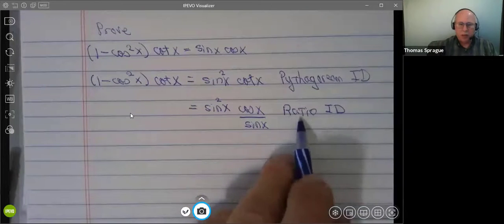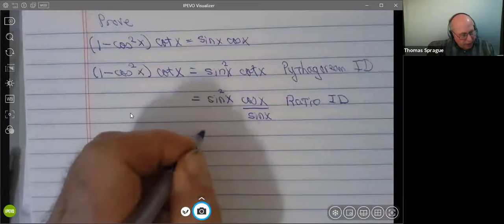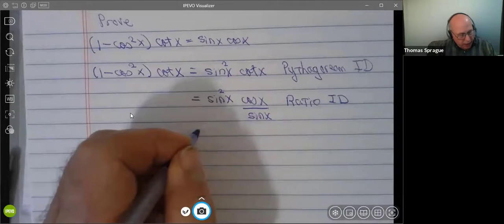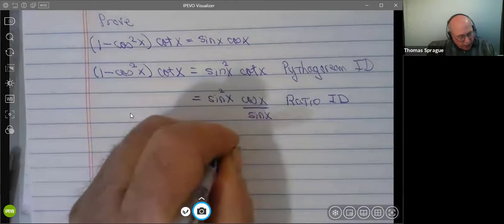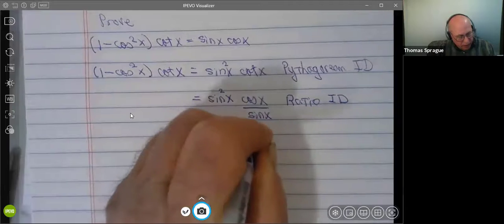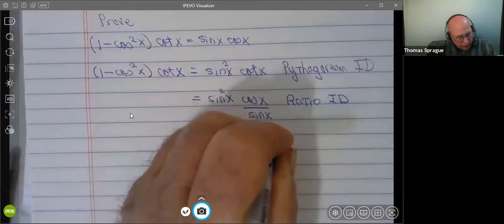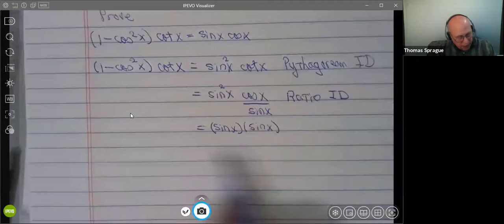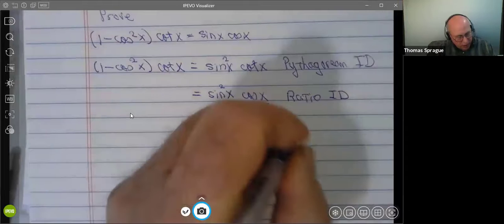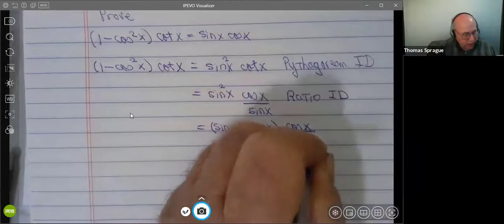I've seen them also called the quotients, but either way, it means divide. Now, this sine square x means sine of x times sine of x. That's the meaning of sine squared. So you don't really have to write out things in such detail as I am here, but I want you to see where it all comes from.